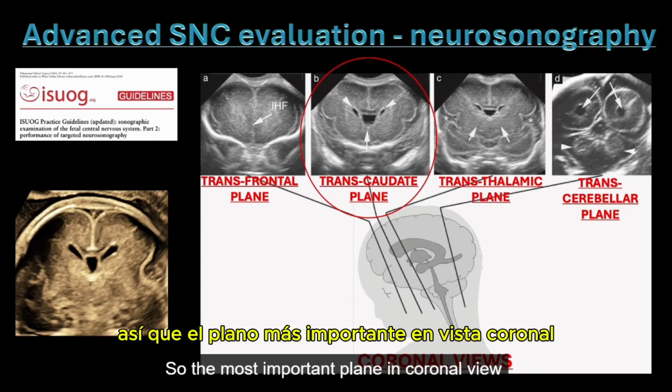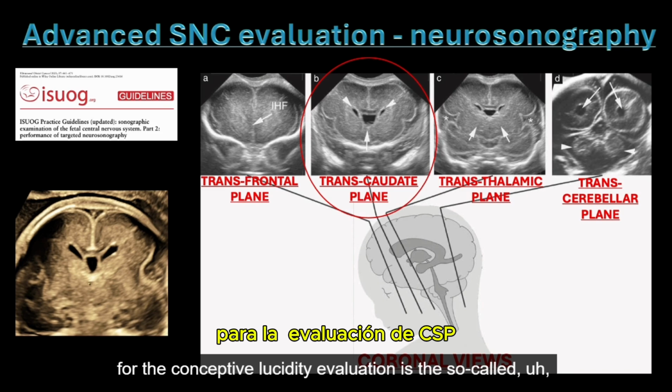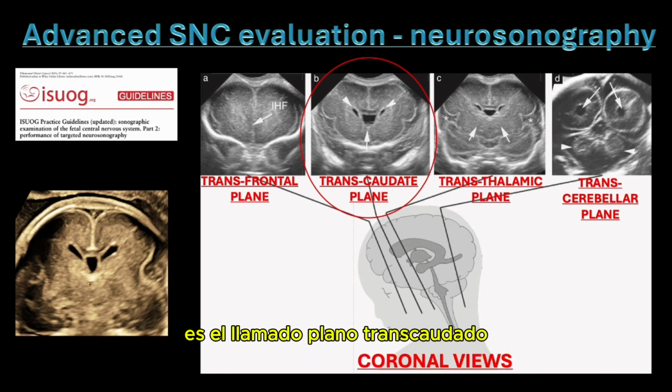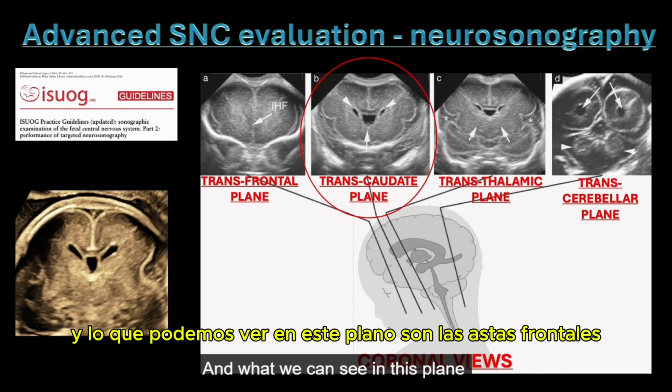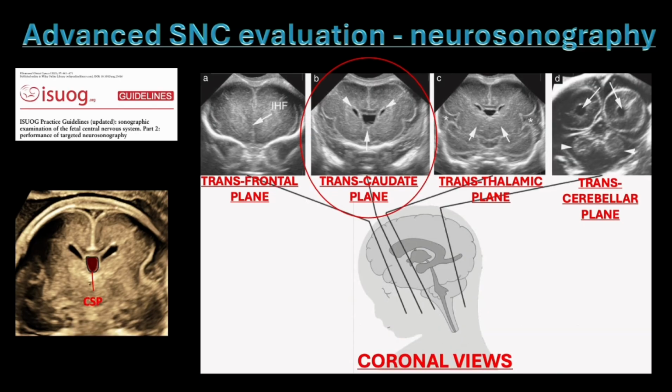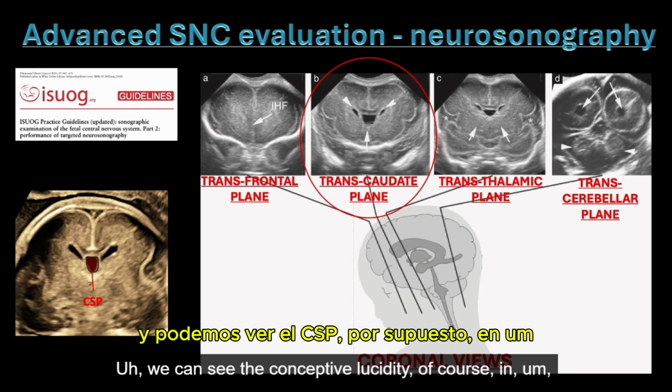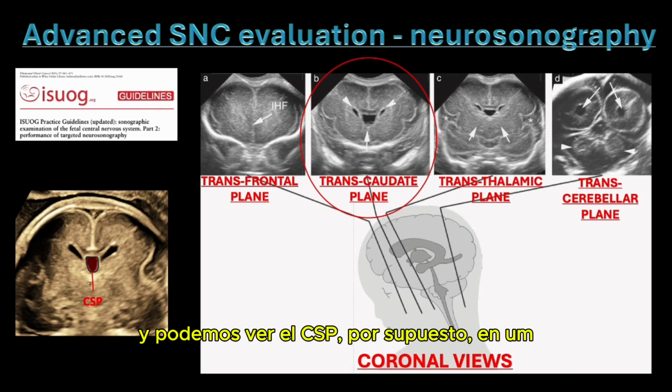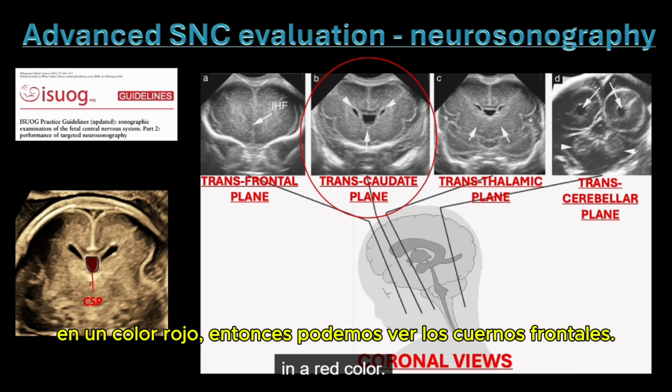So the most important plane in coronal view for the cavum septum pellucidi evaluation is the so-called transcaudate plane. And what we can see in this plane is the frontal horns. We can see the cavum septum pellucidi, of course, in red color.